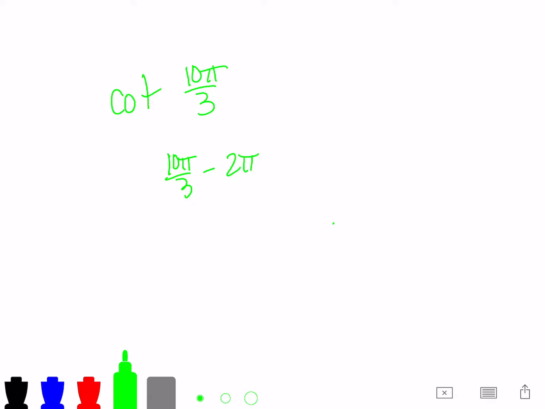If we get a common denominator, 2 pi is 6 pi thirds. So 10 pi thirds minus 6 pi thirds gives us 4 pi thirds. So 4 pi thirds is in between 0 and 2 pi, so this is the same thing as the cotangent of 4 pi thirds.